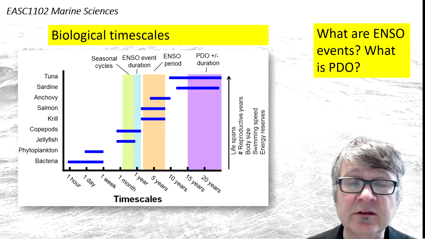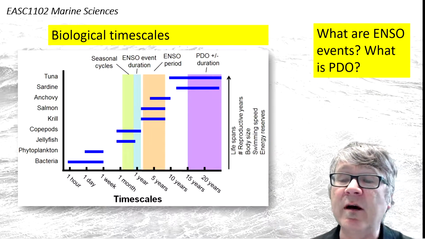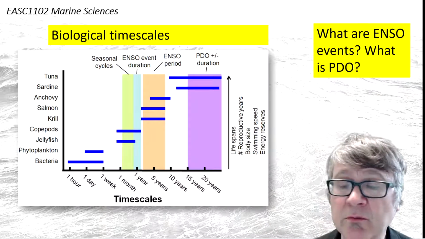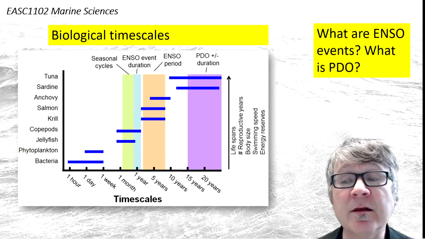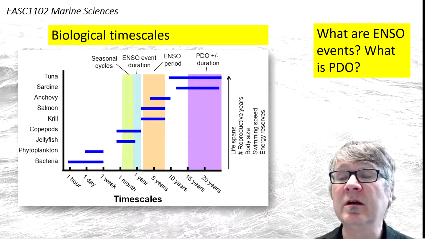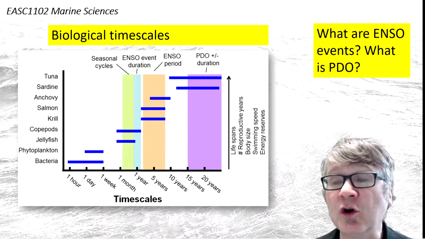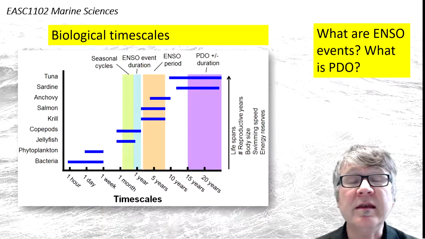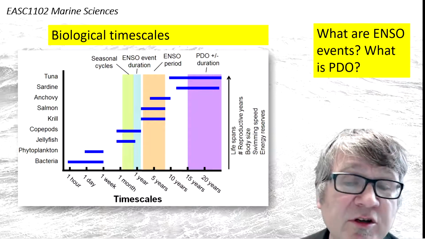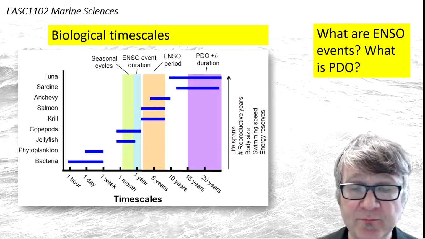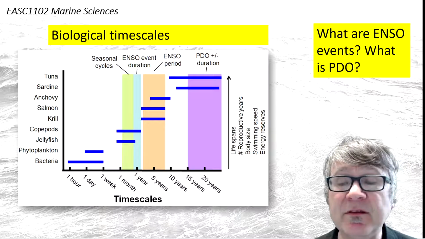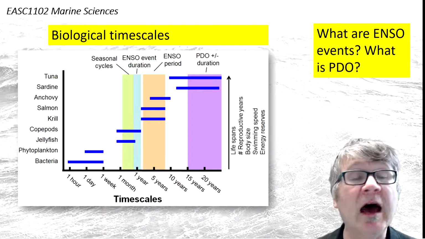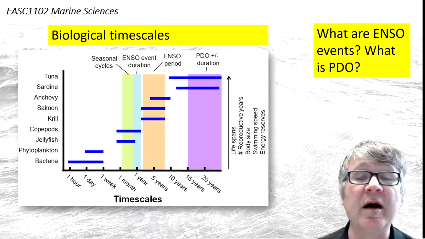They're all increasing as you move up. So you start with bacteria, the smallest marine creatures, and phytoplankton, jellyfish, copepods, krill, salmon, anchovy, sardine, and tuna. And then the blue bars in this diagram show you the range of timescales that you have for that species. For example, bacteria have lifetimes between hours and weeks, and that's the blue bar there.